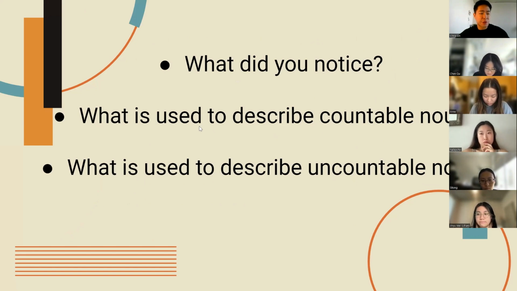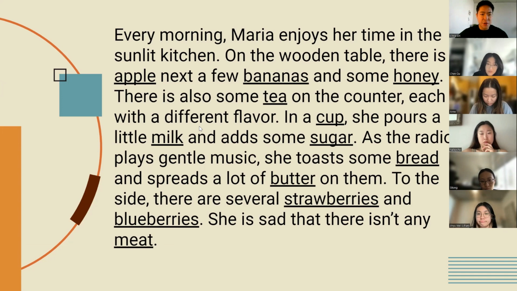So let me go back to the paragraph again. If you can see on this paragraph, before those highlighted nouns, you can see some words, right? So what do you think? For example, banana. What is the word before bananas?